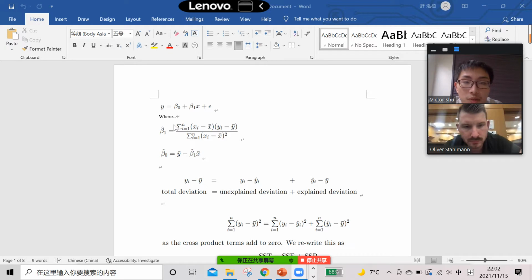So our line of best fit is y equals beta 0 plus beta 1x. How do we get predicted beta 1 and predicted beta 0? Whenever we have a hat on a notation, that is our predicted parameter. So beta 1 hat means our predicted beta 1. So we are using this formula.